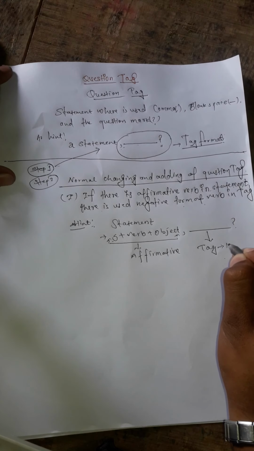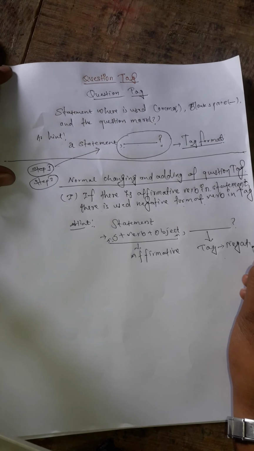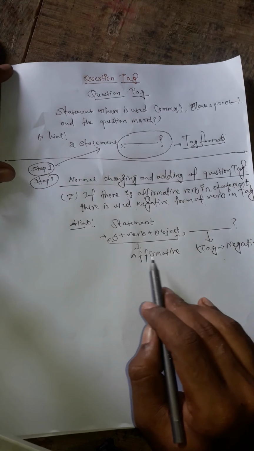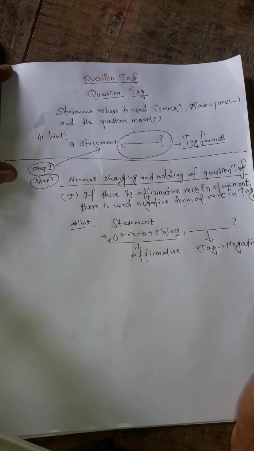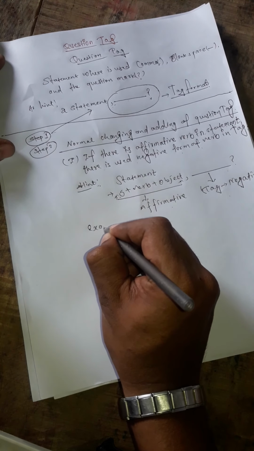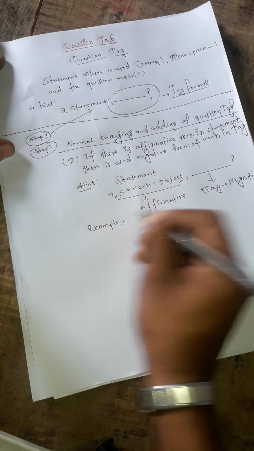Tag must be negative. If the given statement is affirmative, tag must be negative. As an example, you can see here.